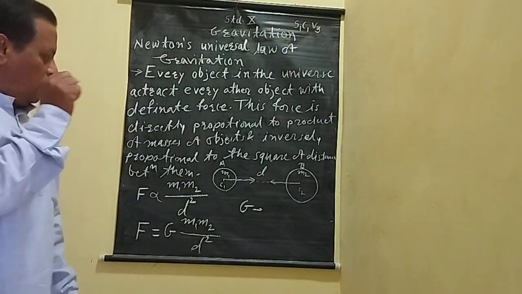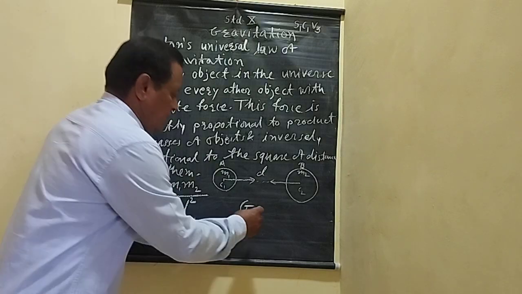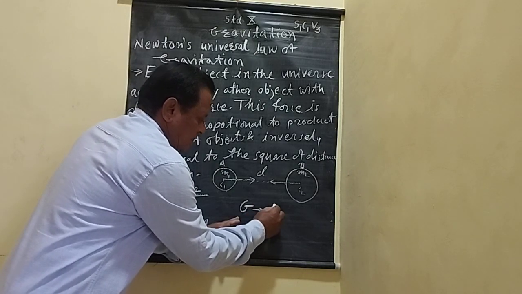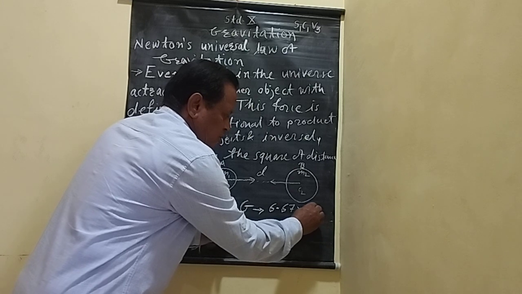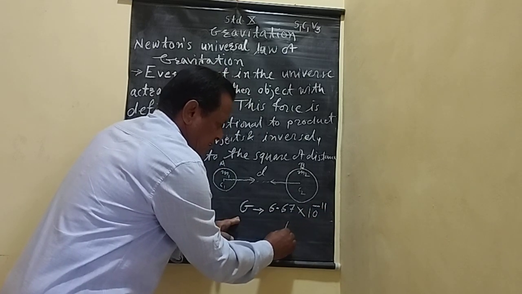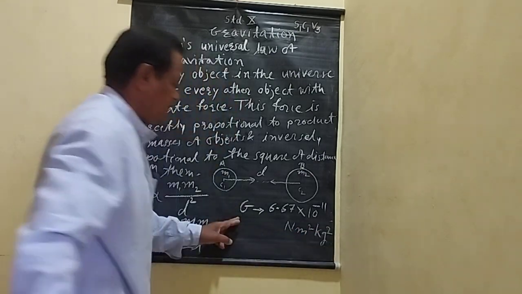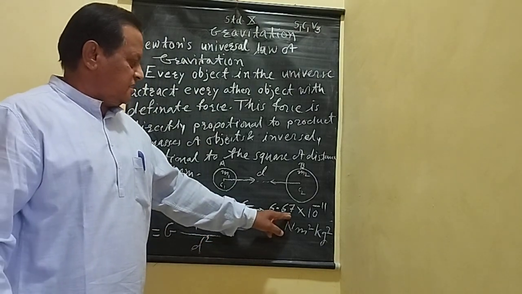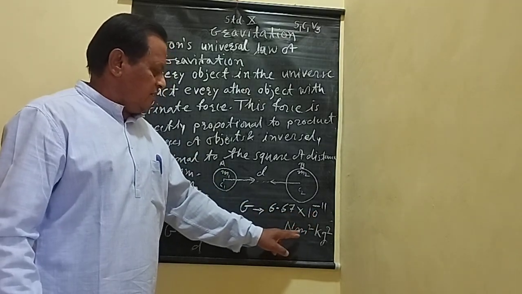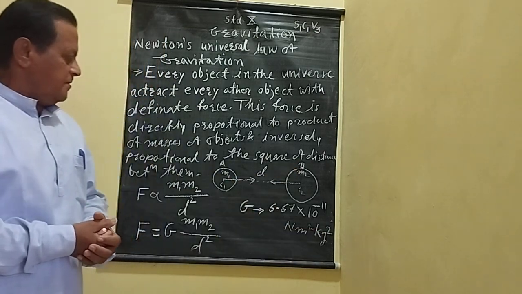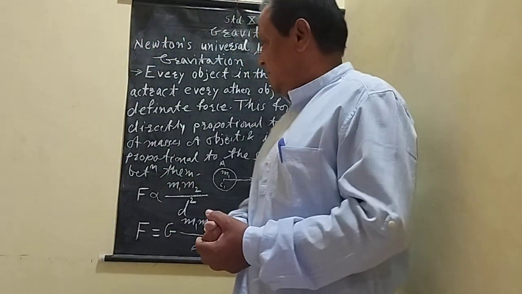So what is this value? Sir Henry Cavendish calculated this value, and the value of G is 6.67 multiplied by 10 raised to power minus 11 Newton meter square per kilogram square, which is constant for the universe. We can say this is the universal constant of gravity.